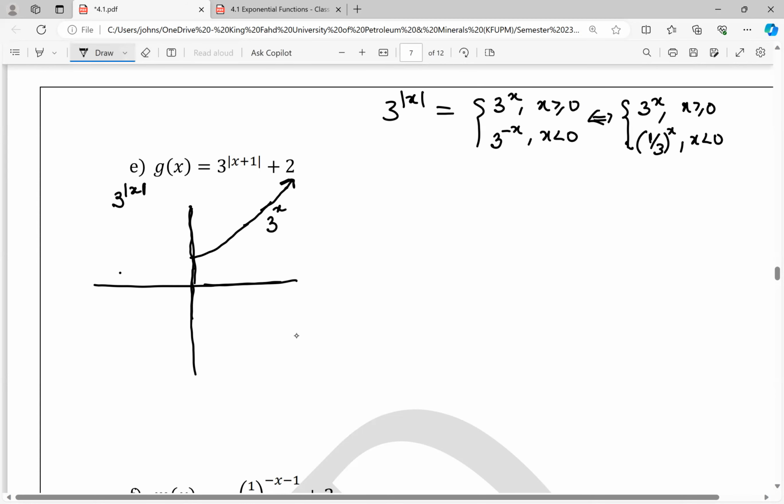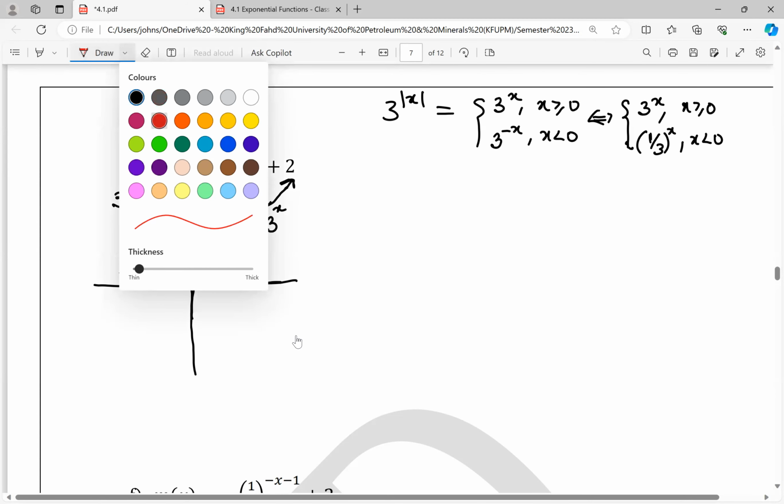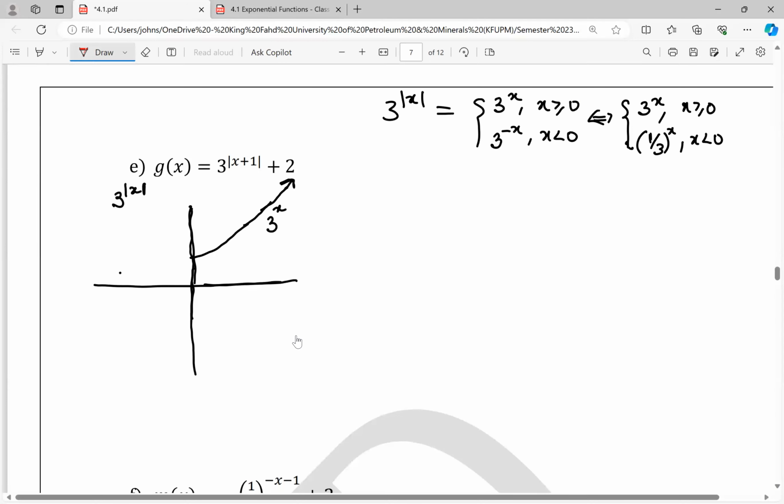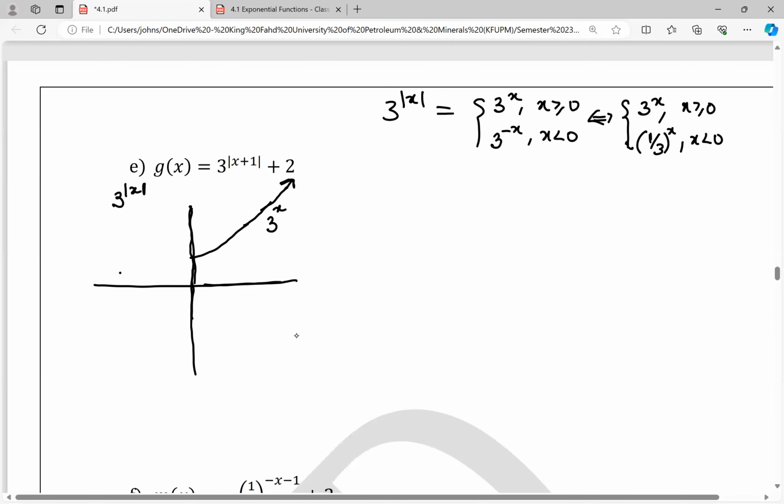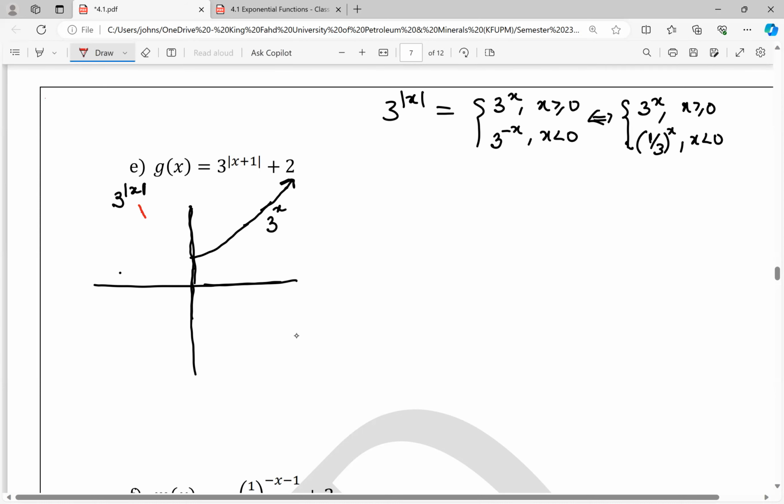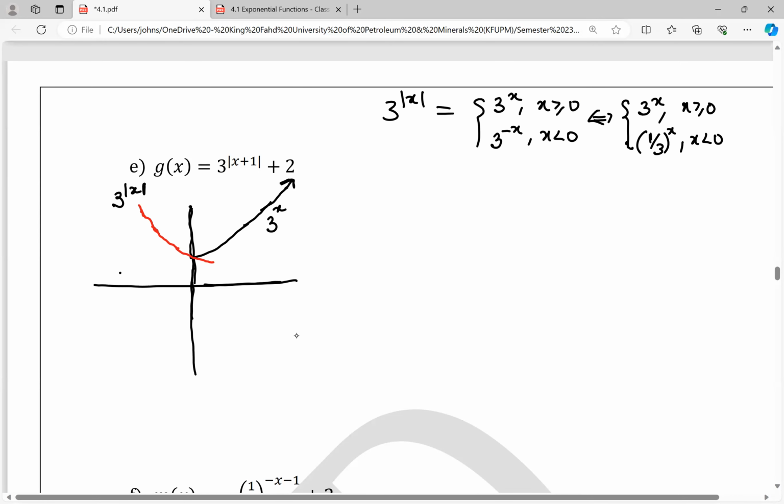Then we have this one, (1/3)^x, when x is less than 0. Since 1/3 is between 0 and 1, it's going to be a decreasing function, which is supposed to continue going like this.